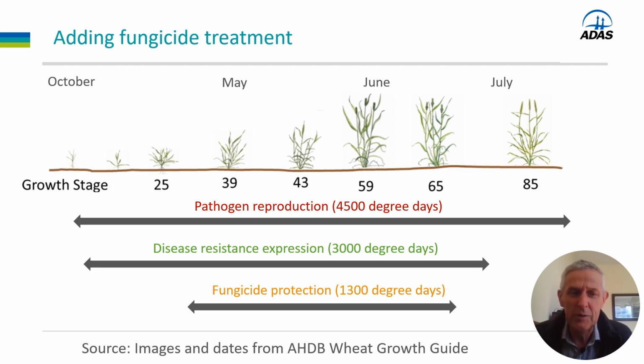And we definitely should not be thinking about extending the period of fungicide protection in order to protect disease resistance, because the disbenefit of that to fungicide resistance evolution would far outweigh the benefit to virulence evolution.